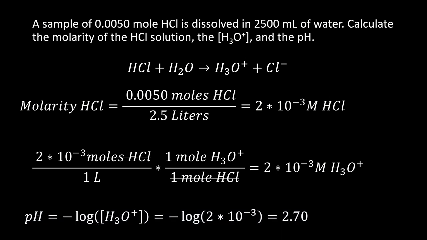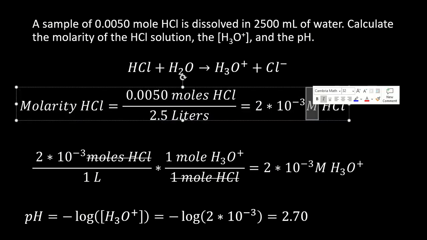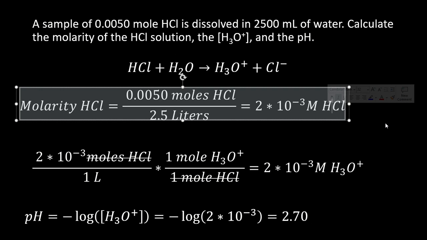So in your worksheet for lab, you're going to have one problem that tells you moles of something and the volume it's dissolved in. Just divide the moles by the volume in liters, not milliliters, and that will give you your molarity, or your concentration of that starting compound.